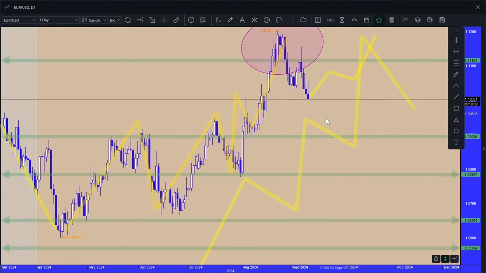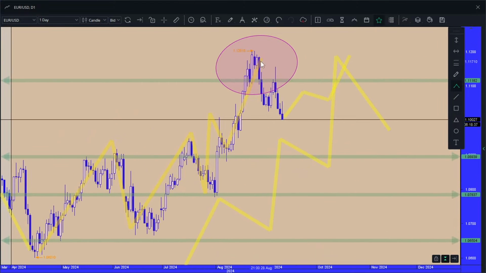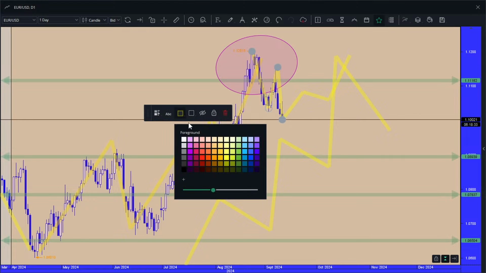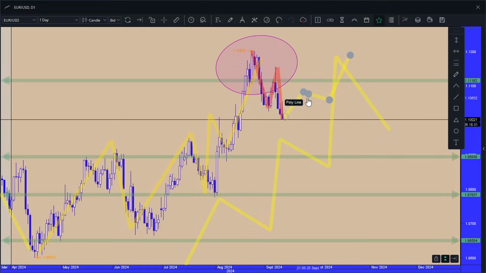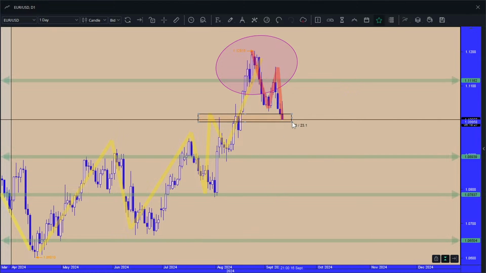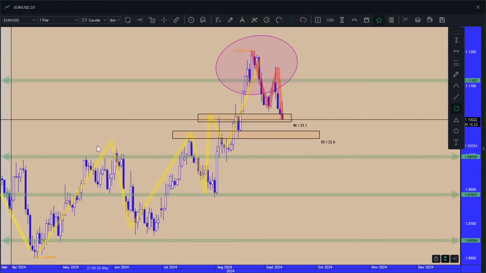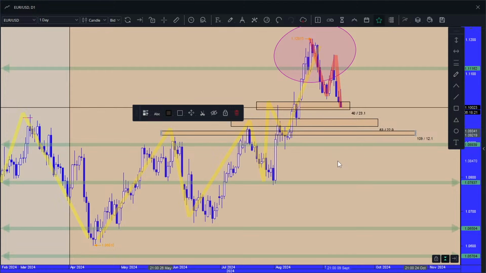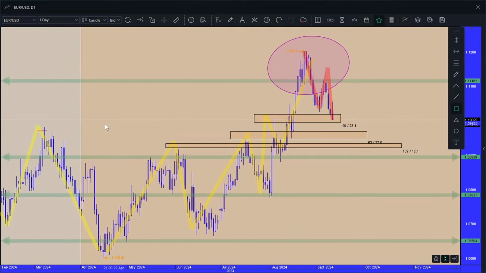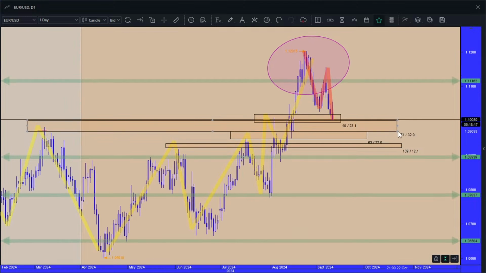And it is making already lower lows, lower highs, everybody. But you are scared to short the market because you are seeing past support, past support, and past support.